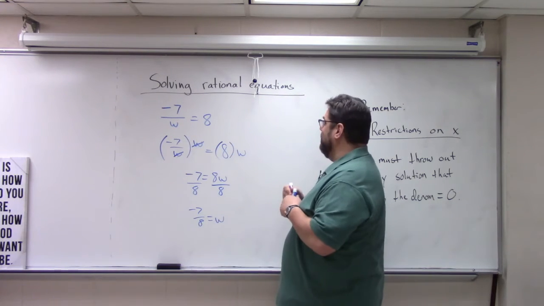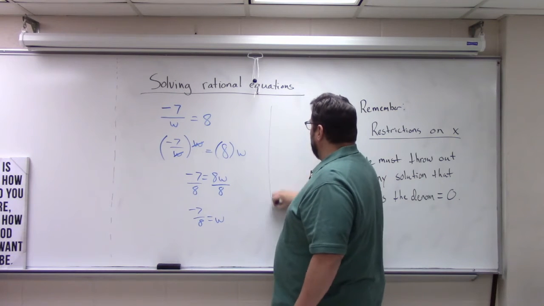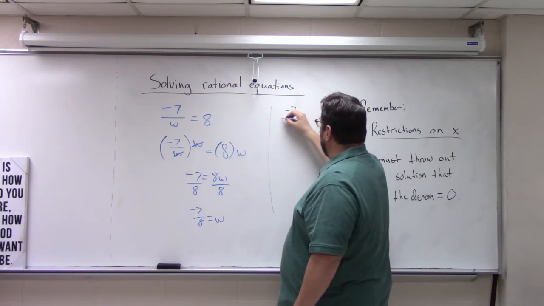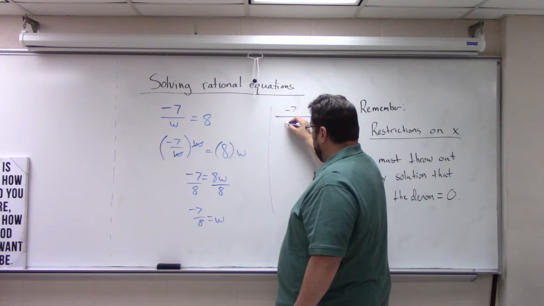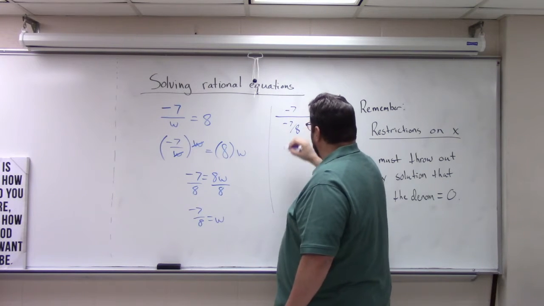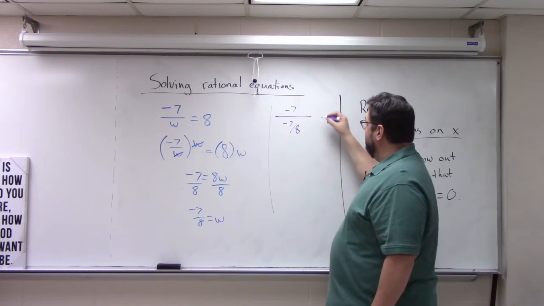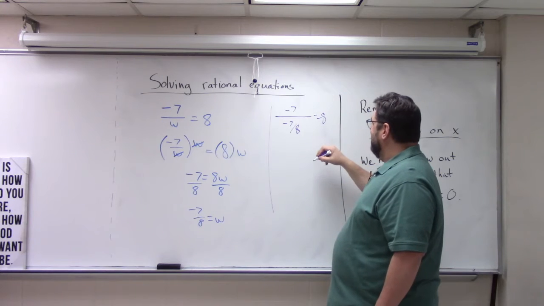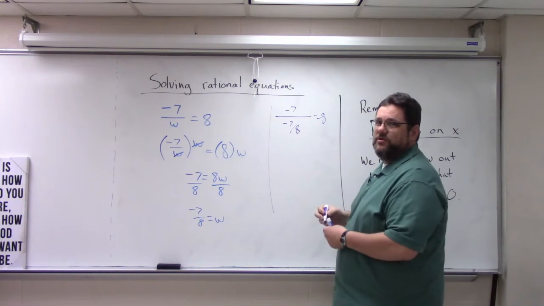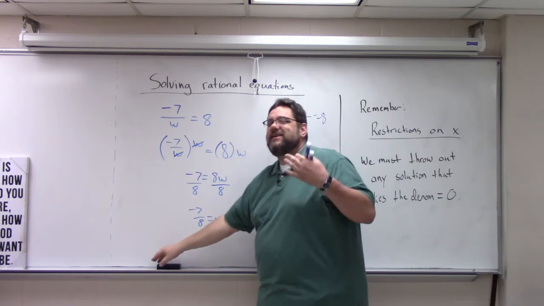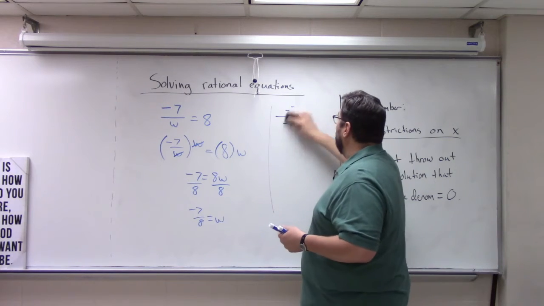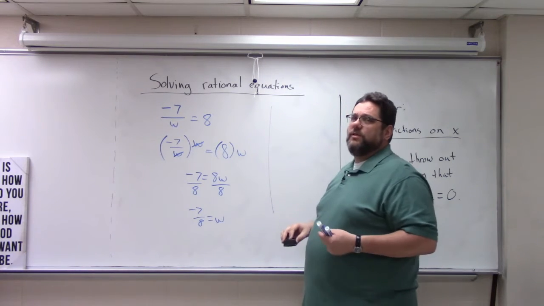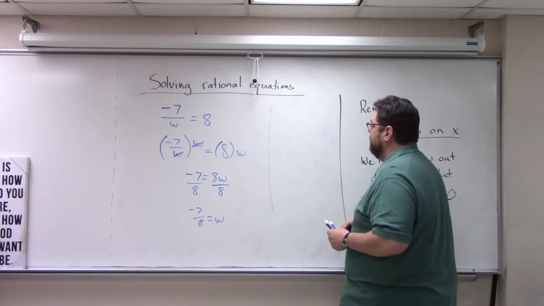Let me show you what that means. If I were to plug that in, I would get negative 7 over negative 7/8, equals 8. There's not a 0 on the bottom here, so we're okay. It's easier to see what I'm talking about when we have one that does have a 0, and we'll get to one of those soon enough.